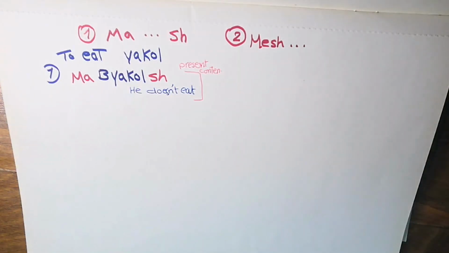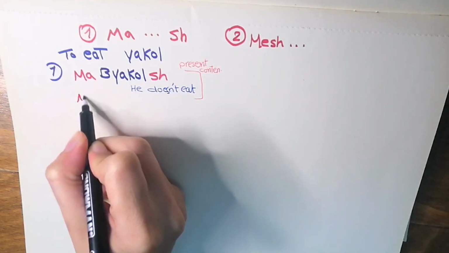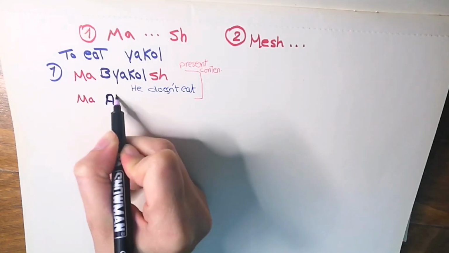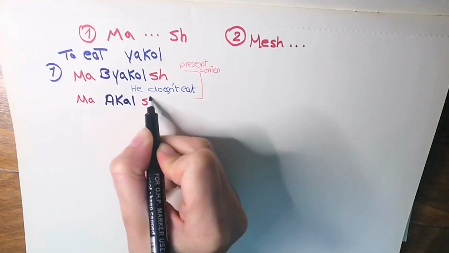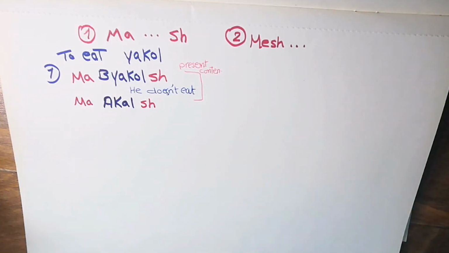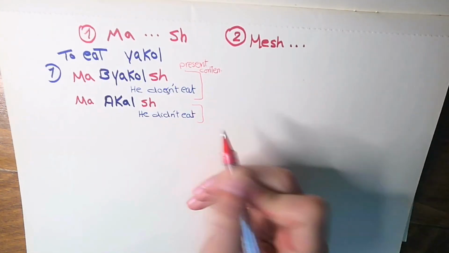We can use this form also in the past tense, so it will be ما أكلش, he didn't eat, and that would be the past tense.